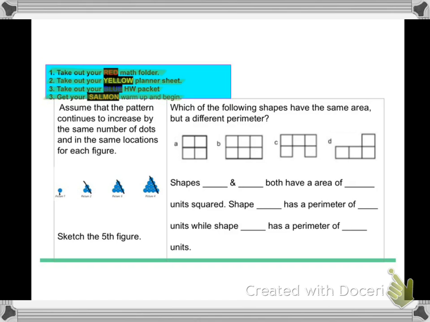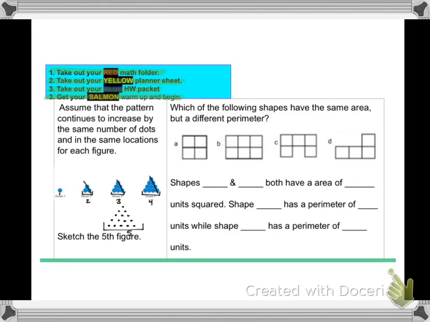Notice here's 1 across the bottom, 2 across the bottom, 3 across the bottom, 4 across the bottom. So figure 5 is going to have 5 across the bottom. 1, 2, 3, 4, 5. Then 1, 2, 3, 4. 1, 2, 3, 2, and 1.